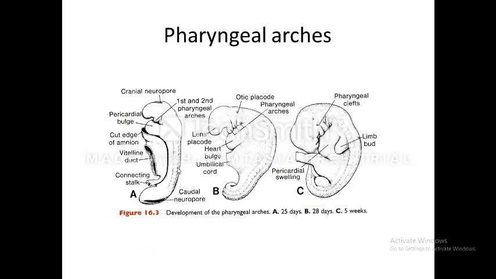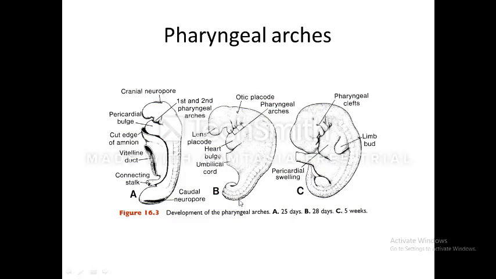In this slide, we are showing that at day 25, before the closure of the cranial neuropore, arise the first and second pharyngeal arches. تشوفوها تظهر مثل الأقواس. طبعا هاي راح تكون على الجانبين من الإمبريو.